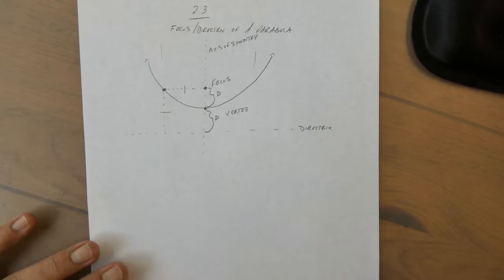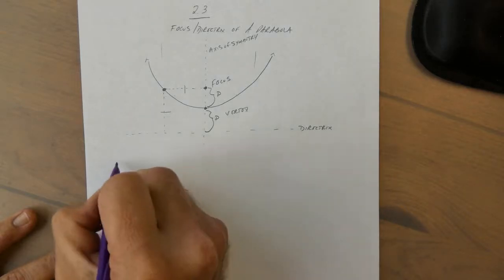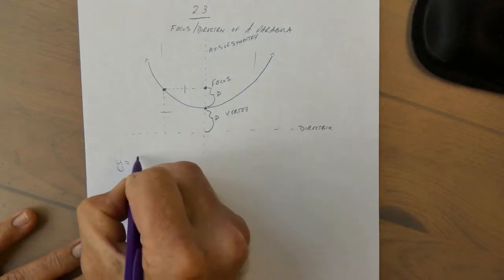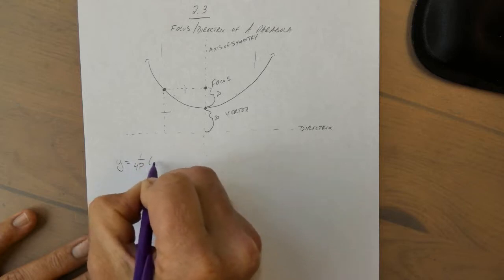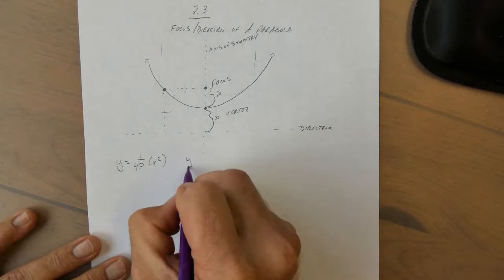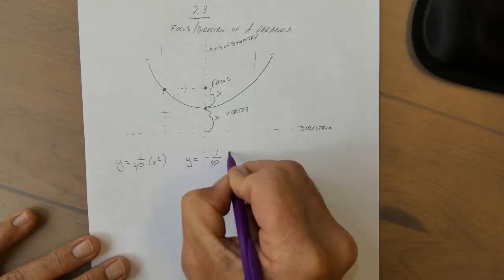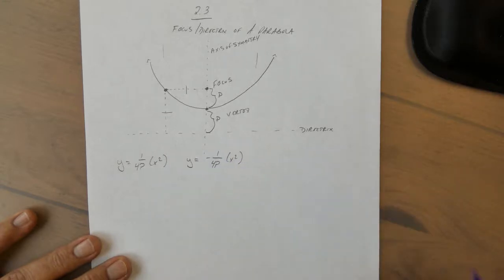From an equation standpoint, there's a couple of different forms of the equation. The one that we're going to use for a parabola that opens up is y equals 1 over 4p x squared. And you see our p here. We'll talk about how we find that value. If it was a parabola that opened down, we know that's negative, so negative 1 over 4p x squared.